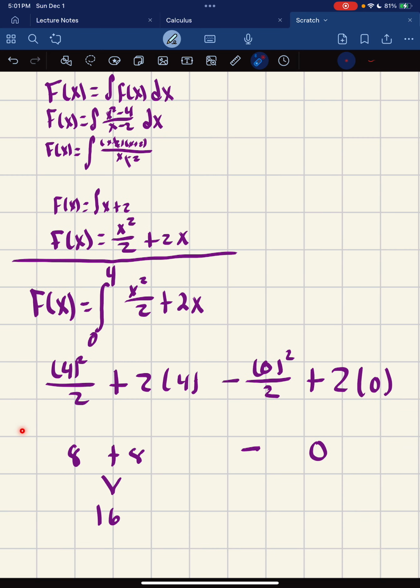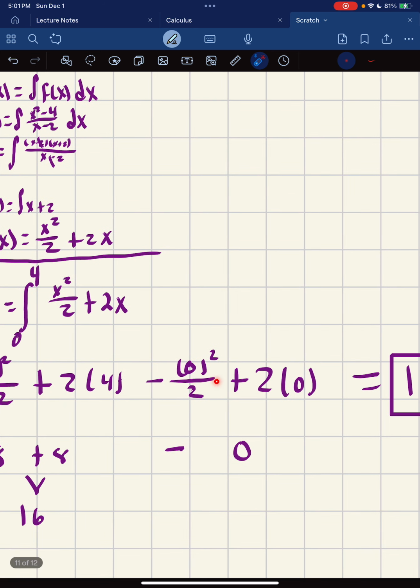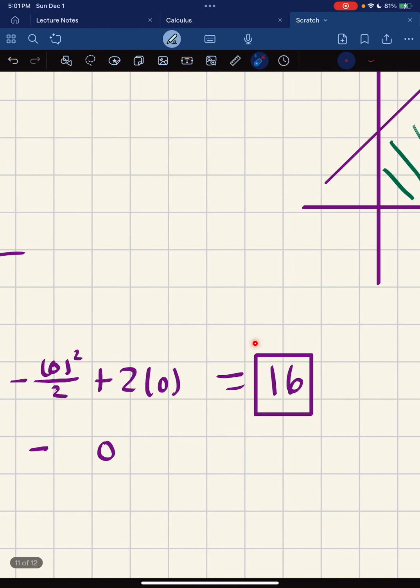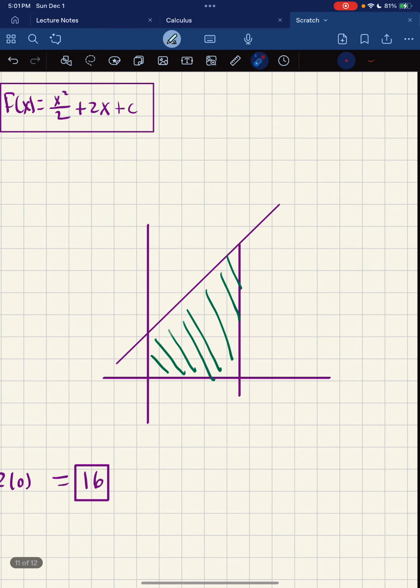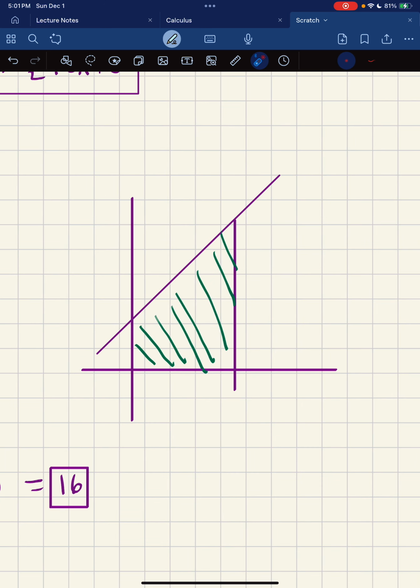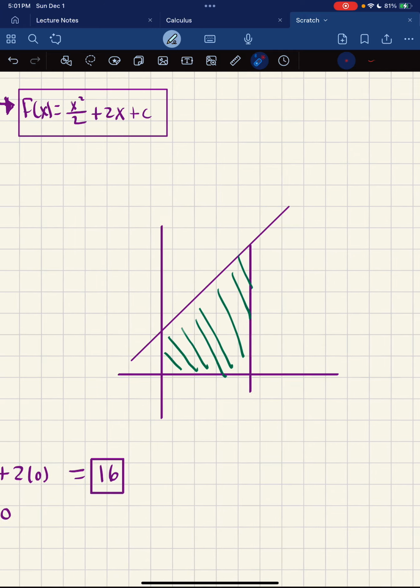Now down here, I did break it down some more. 4 squared is 16 divided by 2 leaves me 8. 2 times 4 gives me 8. You add them together, you are left with 16. 0 squared divided by 2 is 0, plus 2 times 0 is 0, so minus 0 would give me 16. Now here in this graph, it's just a rough graph, but this area would be 16.